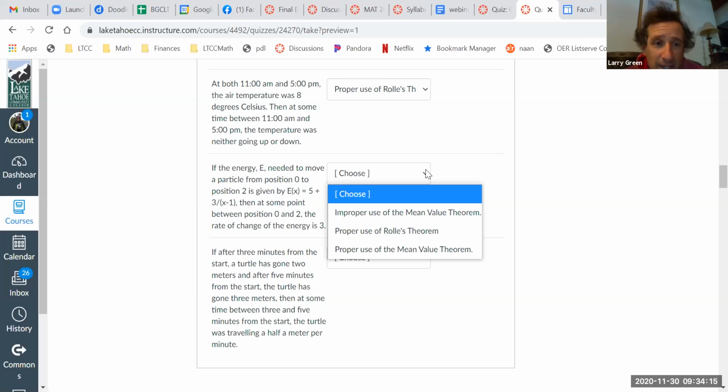Notice if you plug in 0, you get 2. If you plug in 2, you get 8. 3 is definitely between 2 and 8, but there's an issue.